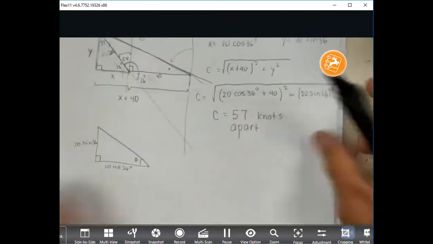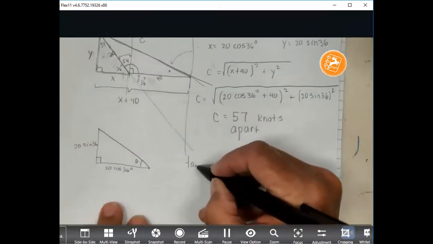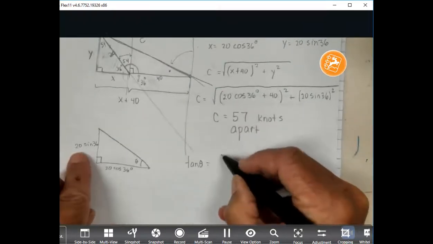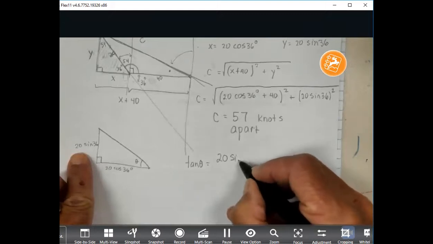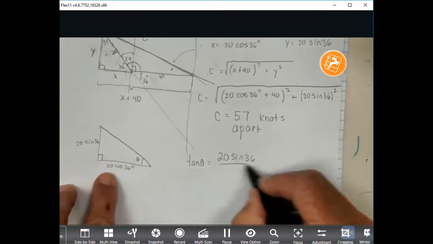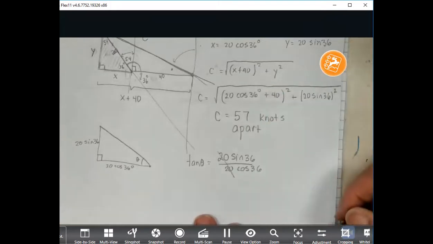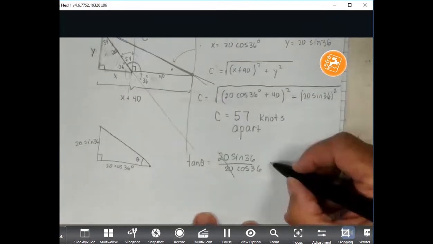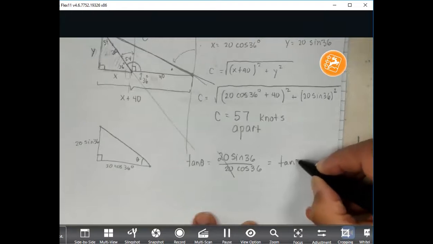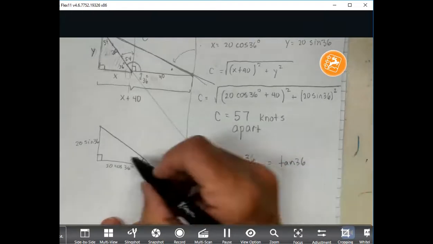I know that the tangent of that angle theta is the opposite over the adjacent. But those 20s cancel. Sine of 36 divided by cosine of 36 is the tangent of 36. So that angle is 36 degrees.